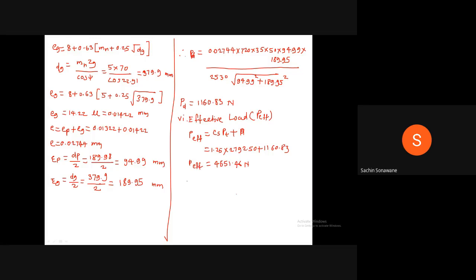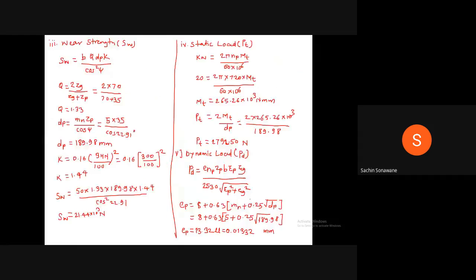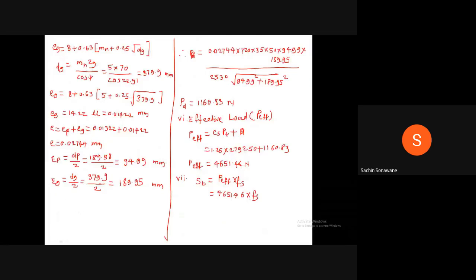Now we will calculate the factor of safety. Therefore, Sb is equal to P effective into factor of safety. Therefore, calculate the factor of safety: 4651.46 into factor of safety. What is Sb? 19950.